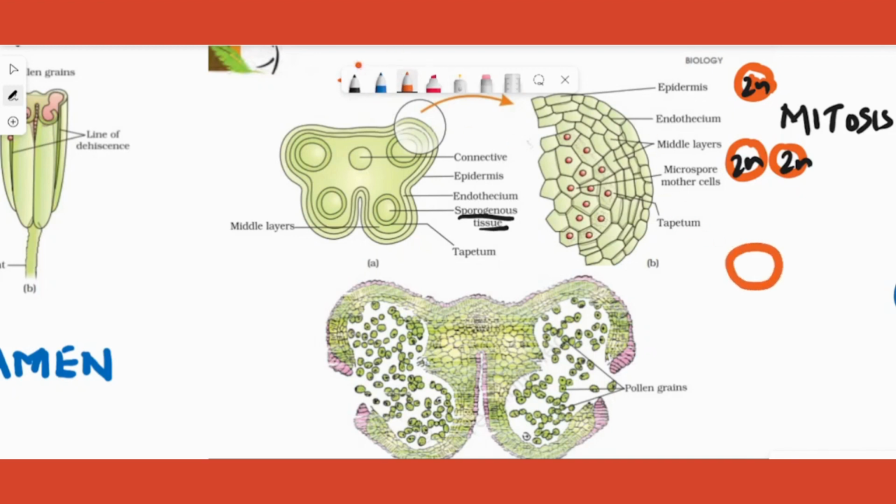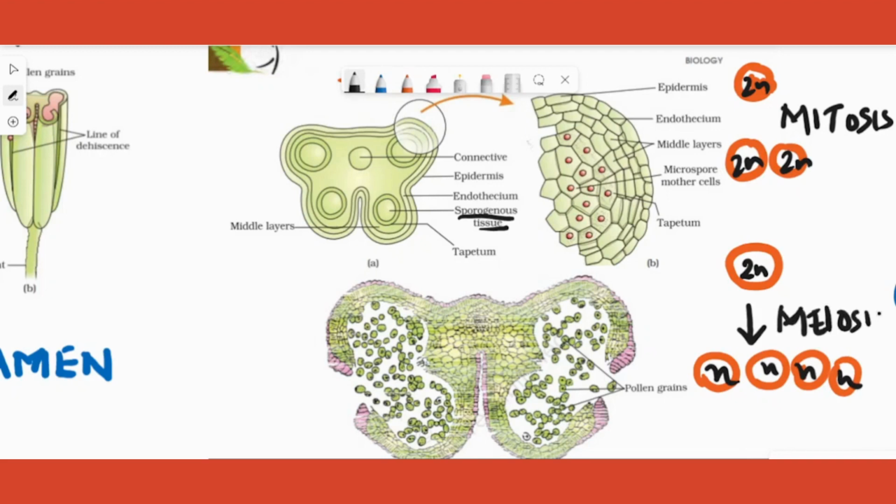What happens in meiotic division? In case of meiotic division, if there is a cell and it undergoes meiotic cell division, you get not 2 cells, instead you get 4 cells. All the 4 cells will have half the number of chromosomes as the parent cell. That kind of division is called as meiosis or meiotic division.